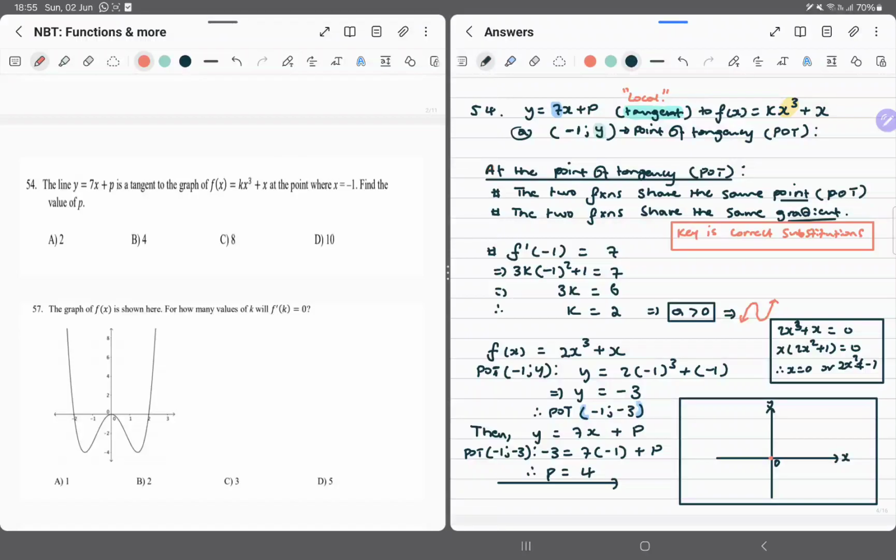Now we know the shape here. What should the shape look like then? It means it's coming to cut here, and then what happens now? Do we have a turning point? How many turning points will we have? Well, for the turning point, we know that the first derivative of our function must be equal to 0. When we do that, we get 6x squared plus 1 is equal to 0.